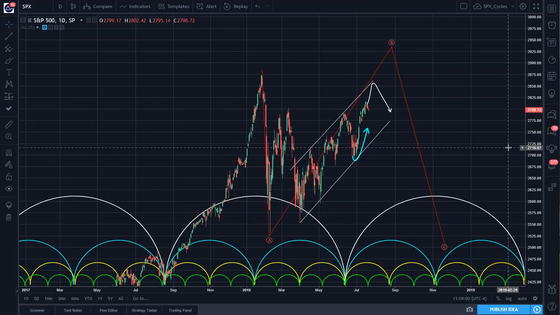So for that reason, I have this ABC at the left level of top of my awareness factor. But until we get there, until the cycles get there, I'm not too worried. I think we will continue seeing higher highs, higher than the prior corrective high of 2803, which we already hit. And we may hit new all-time highs.